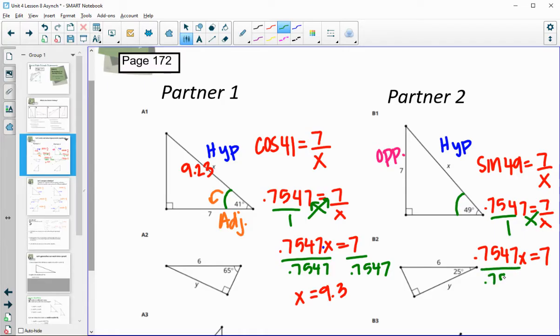Divide to get rid of this decimal, and you'll end up with x equals about 9.3. Yeah, 9.3. I wrote that wrong on the other side here. This is just supposed to be 9.3. All right, so that's how you do each problem.